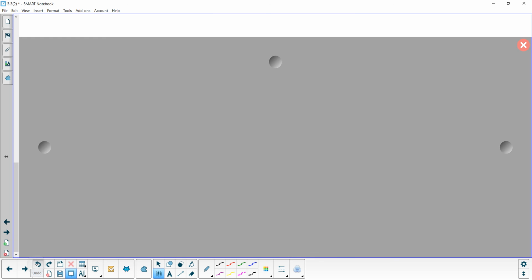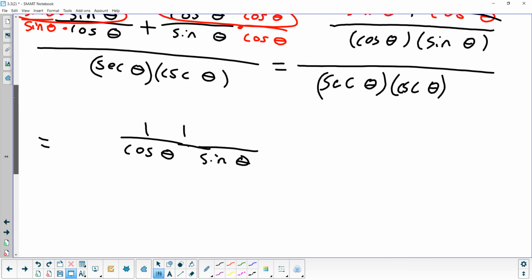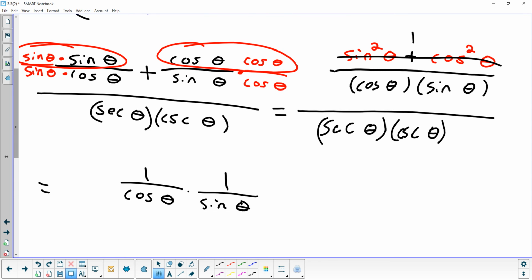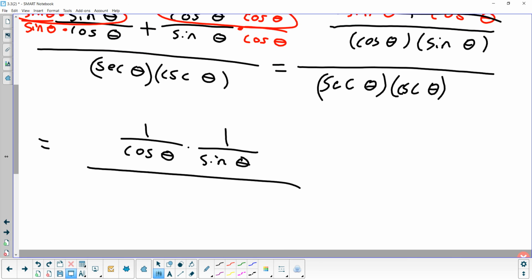Putting that 1 in the middle compared to doing something like that. Jacob, what do you think? Yeah, because if I multiplied these together, I'd have 1 times 1, so I'd have 1 in the top, and I'd have cosine times sine, and that's exactly what's in the bottom. So when that top turns into a 1, I can write it just like that. What's in the bottom is still staying right where it is. Secant times cosecant.